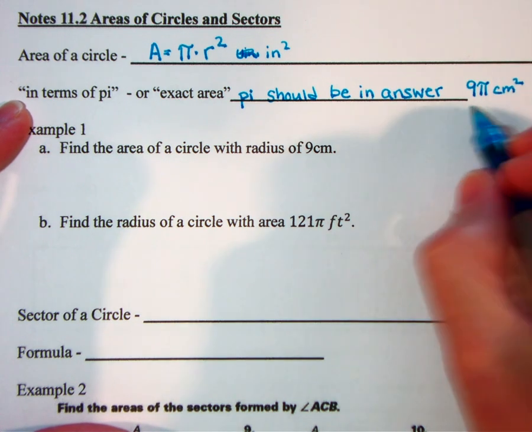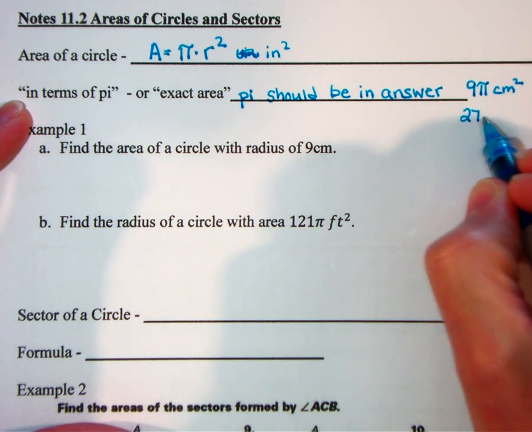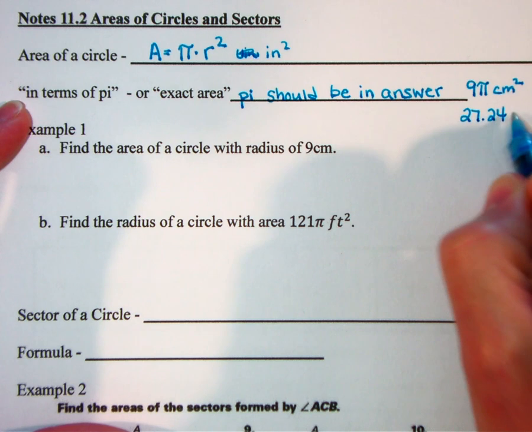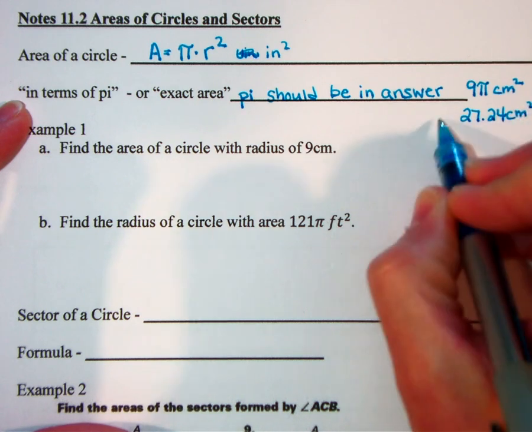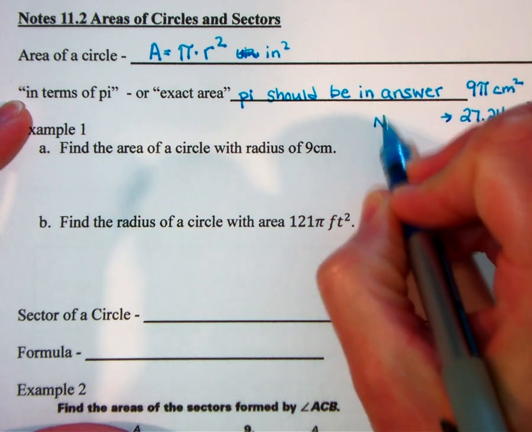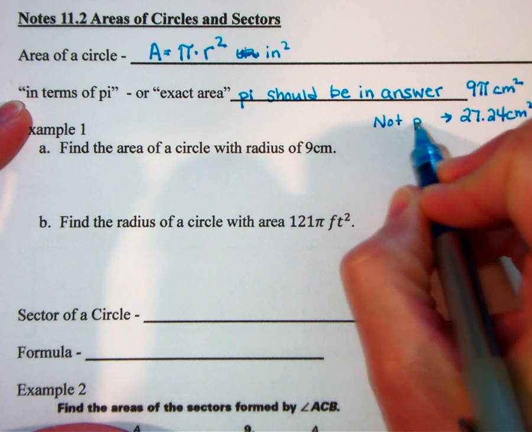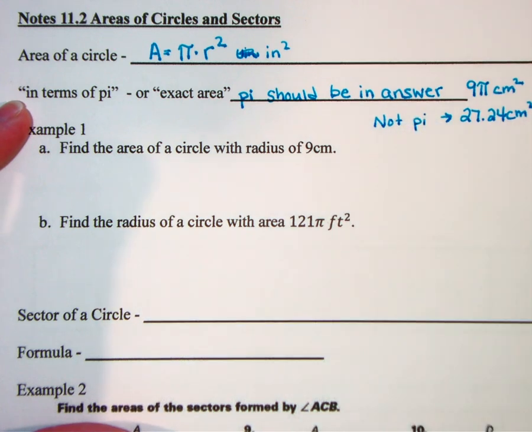If you had an answer like 27.24 centimeters squared, this is not in terms of pi, okay, because you don't see a pi in the answer. What if it was 27.24 pi?